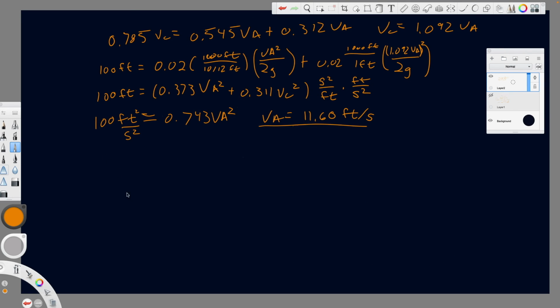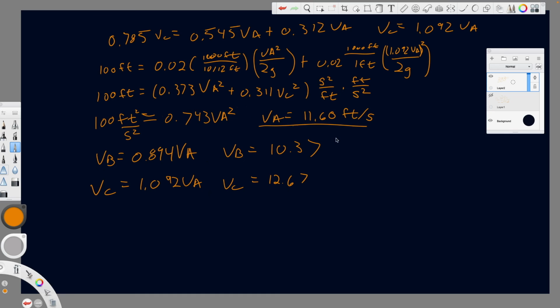So VB is equal to 0.894 VA, which means VB is equal to 10.37, and we know VC is equal to 1.092 VA that we have up here. So VC is equal to 12.67. Put my units on, feet per second. And that has given us all of our velocities.